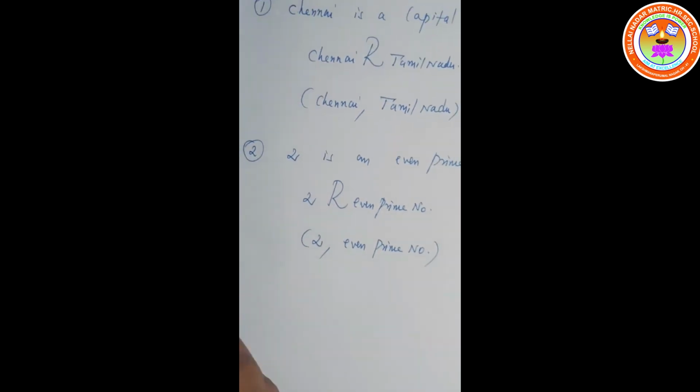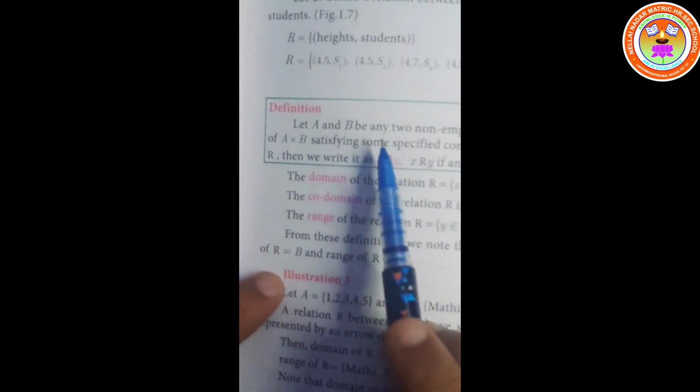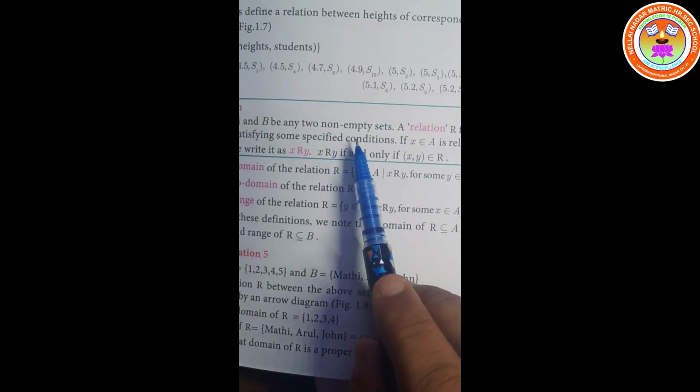Now, I read one definition. Listen. Definition of a relation. Let A and B be two non-empty sets. Do you know the meaning of non-empty sets? Empty set means a set which has no element. Non-empty means a set must have at least one element.